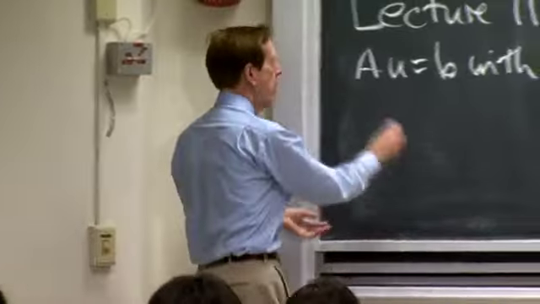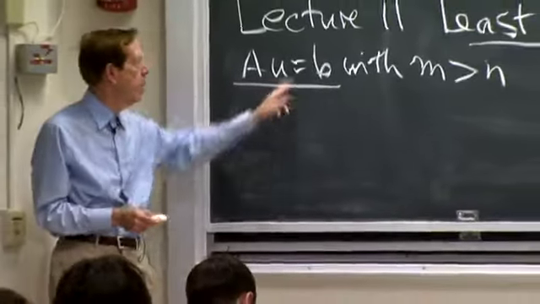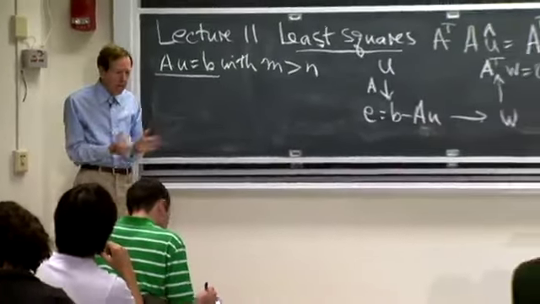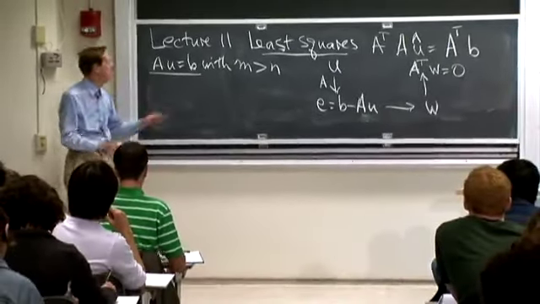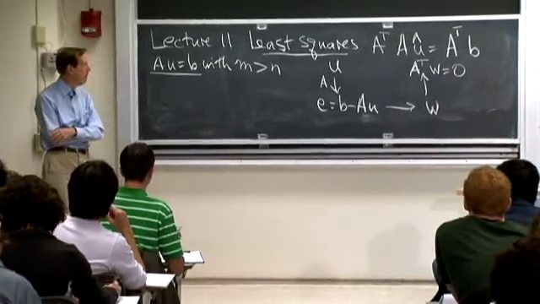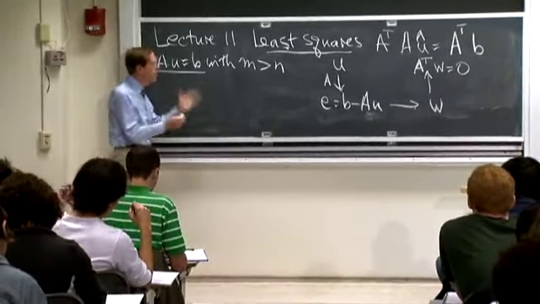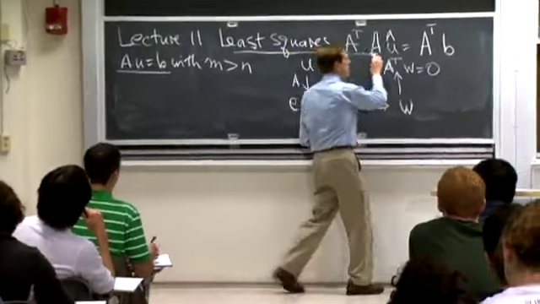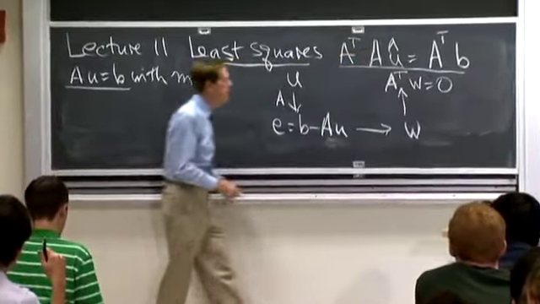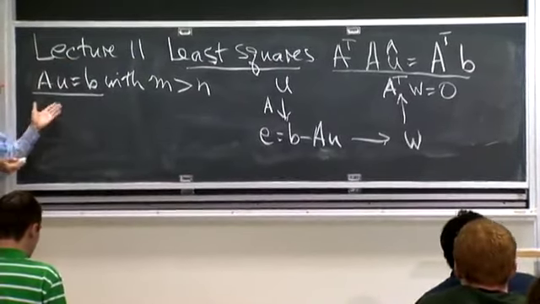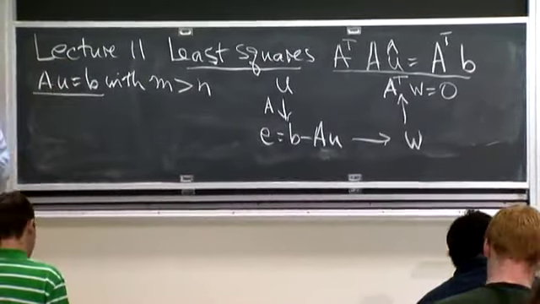So remember where we started last time. AU equal B. Last time I wrote F. I regret it terribly. I can't fix it, but it's B. I want B there to be the right-hand side. And I jumped to the equation that determines the best U. There's no exact U because we've got too many equations.